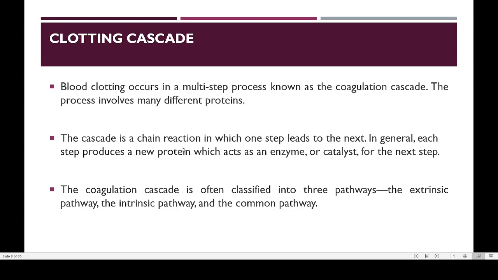You can call it a chain reaction, in which one step leads to the next: if one factor is activated, the next factor will be activated. Each step produces a new protein, which usually acts as an enzyme or catalyst, triggering the start of the next step.